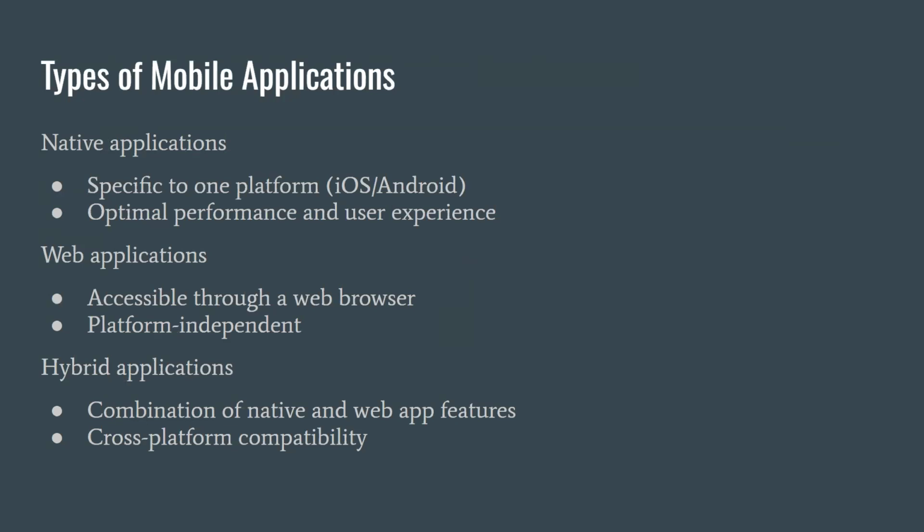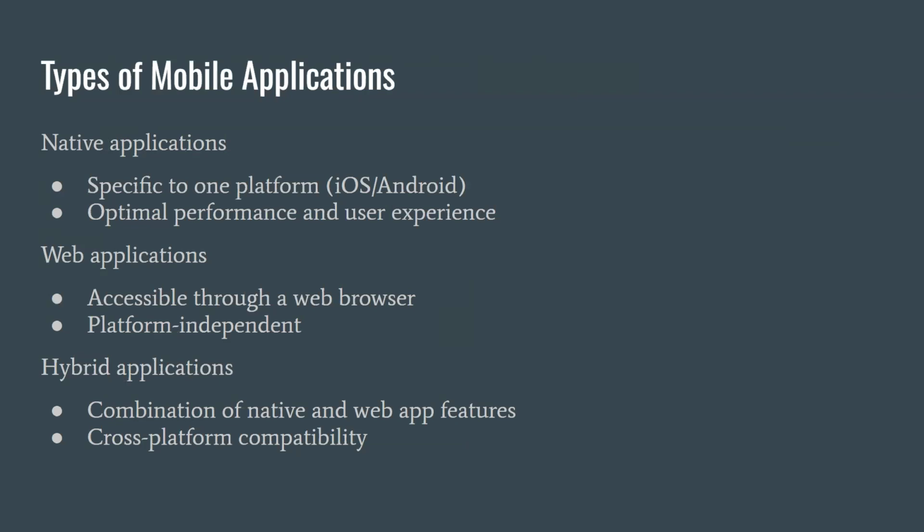Native applications are usually developed specifically for one platform, so you might be familiar with iOS or Android, and they offer optimized performance and take full advantage of all the device features.